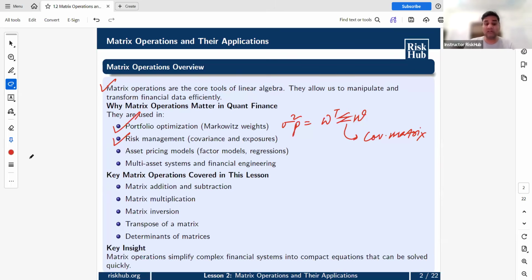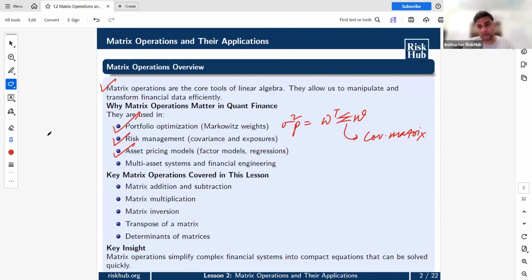Okay, then we get into asset pricing models. When you talk about asset pricing models, please understand the different models like the CAPM, the capital asset pricing model, and the Fama-French three-factor model. Factor models and regressions all rely on matrices. Regression itself is fundamentally matrix algebra.